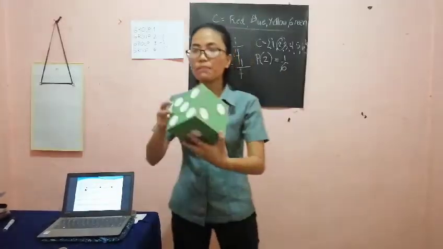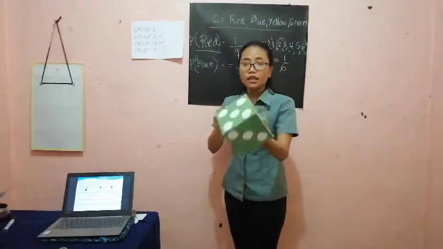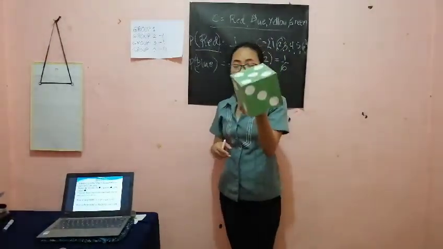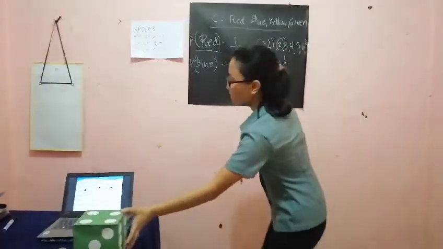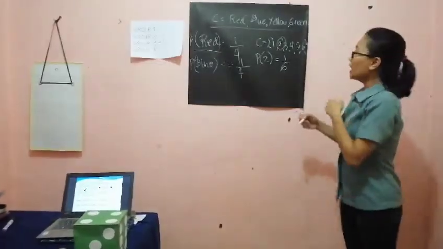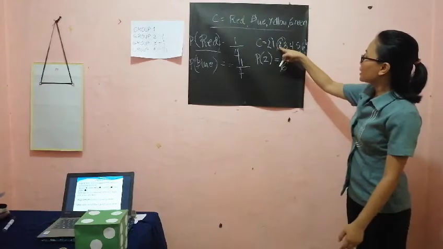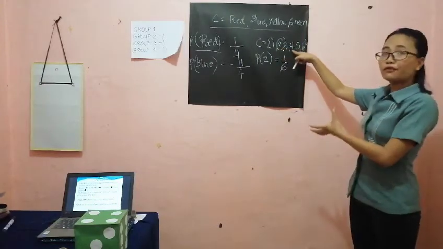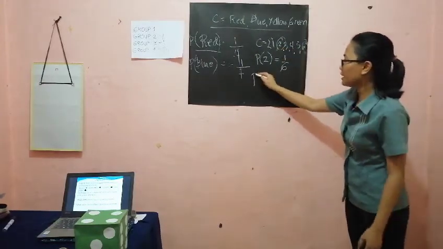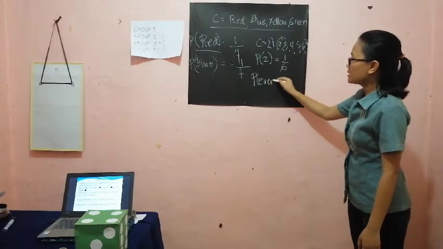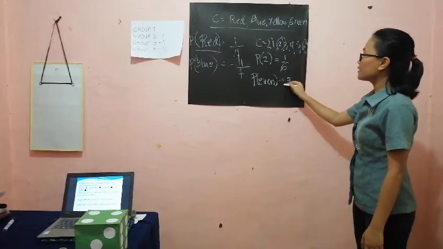How about the probability that an even number will occur if I roll this die? Since we have three even numbers in our sample space, namely number 2, number 4, and number 6, the probability of an even number is equal to 3 over 6.